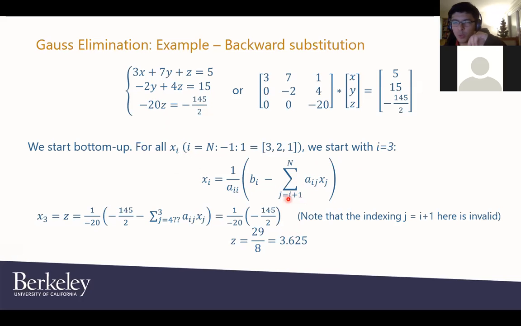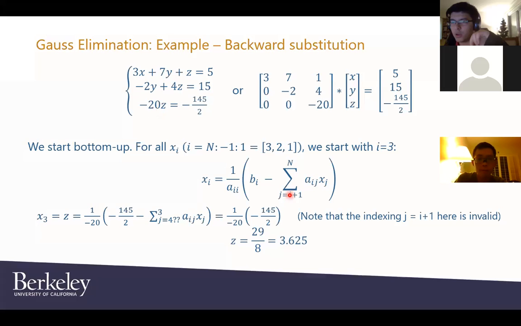This would be a 4, and we don't have a fourth column or row. So you will have to make a special case for the last row, not necessarily third, it could be much bigger, but for the last row.